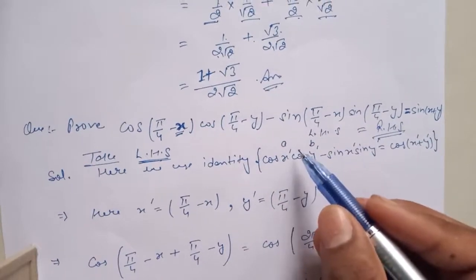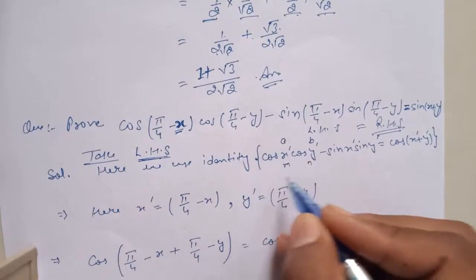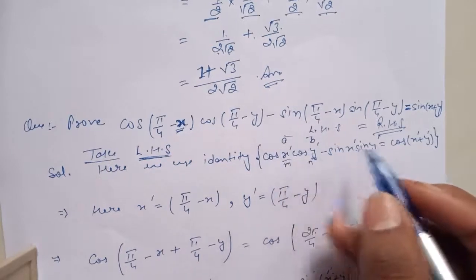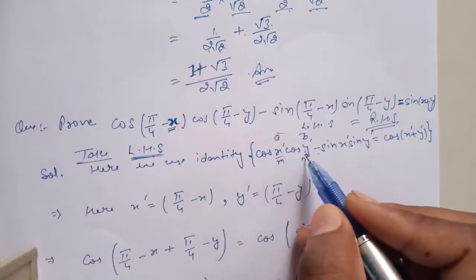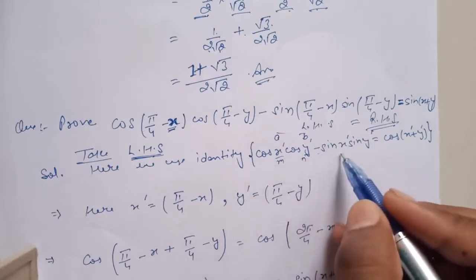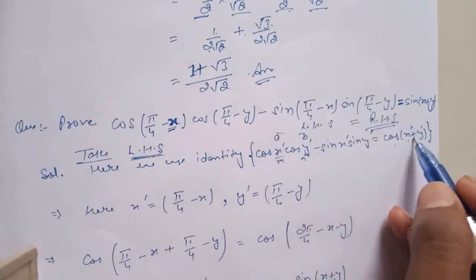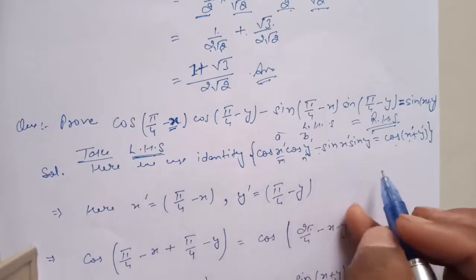So cos x dash cos y dash minus sin x dash sin y dash is equal to cos of x dash plus y dash. This is the identity which we use.